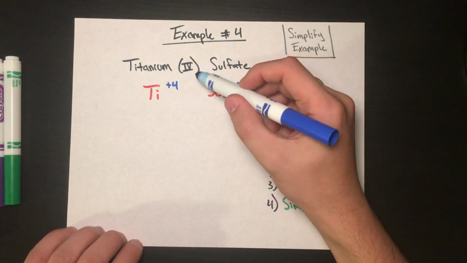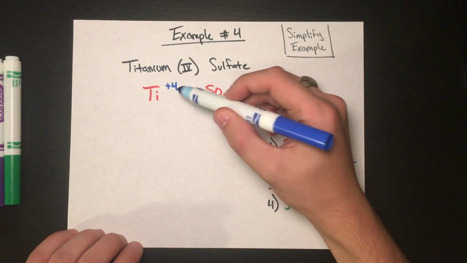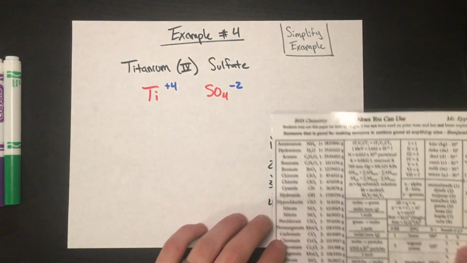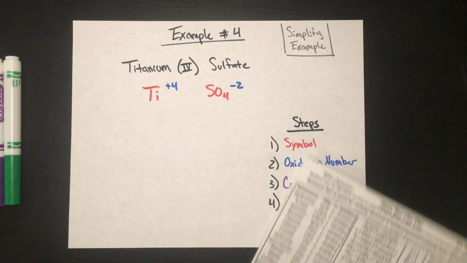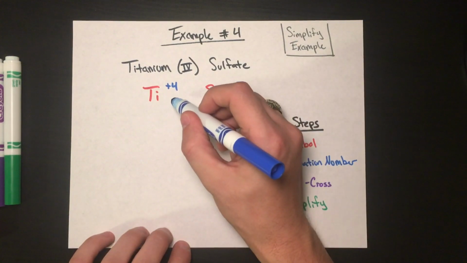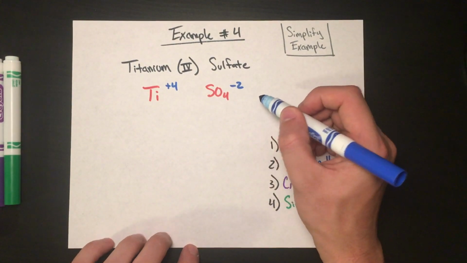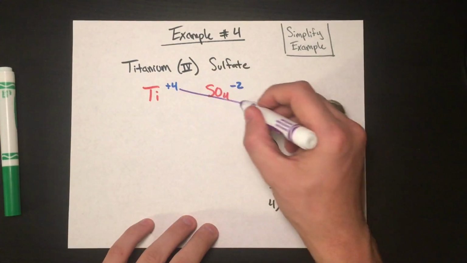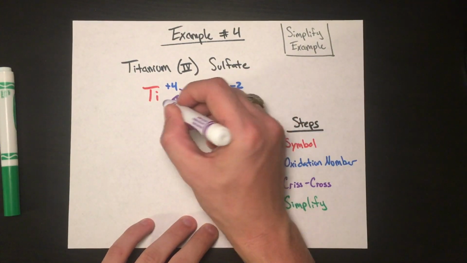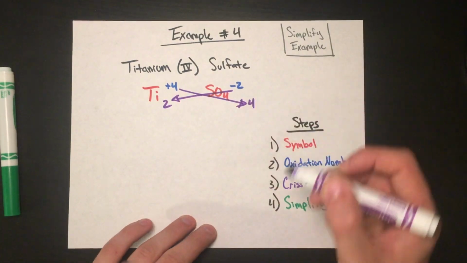All right, titanium would have an oxidation number of +4, and for sulfate, you look on your News You Can Use and see that sulfate has a charge of -2. So we've got a +4 titanium and a -2 sulfate. So then we crisscross. We have a 2 over here and a 4 over there.